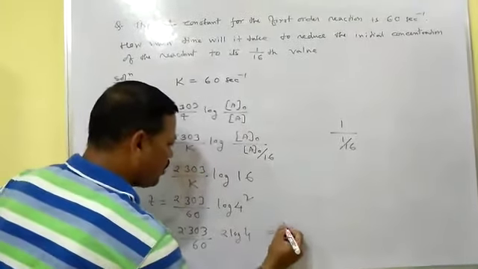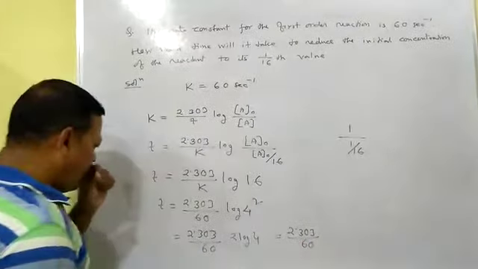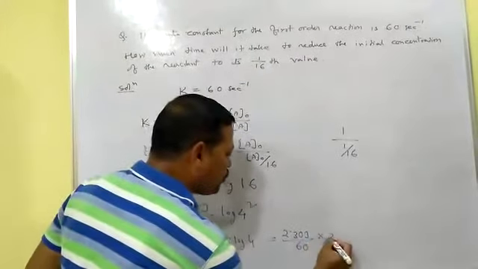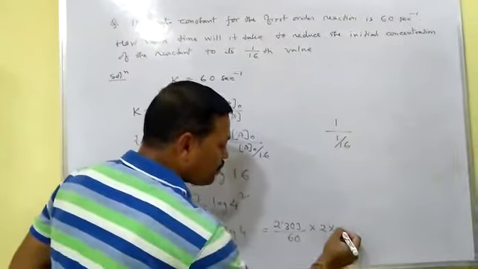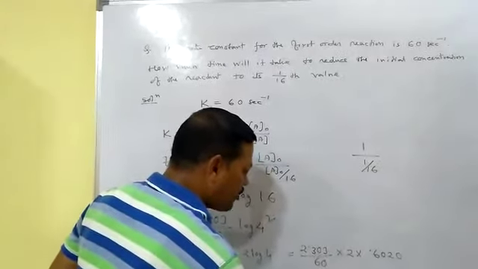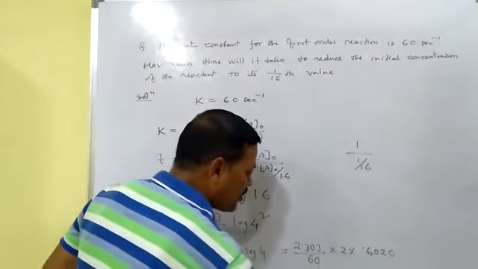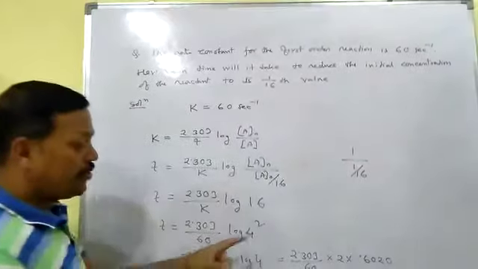So this is equal to 2.303 divided by 60, into 2, into log 4 value, 0.6020. After calculation of this, you will get 0.046 second. Why does the unit come as second?